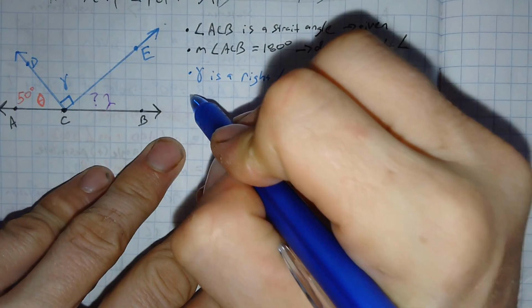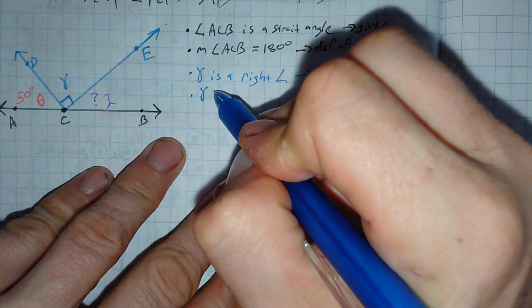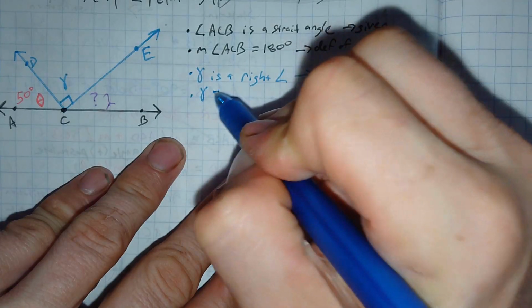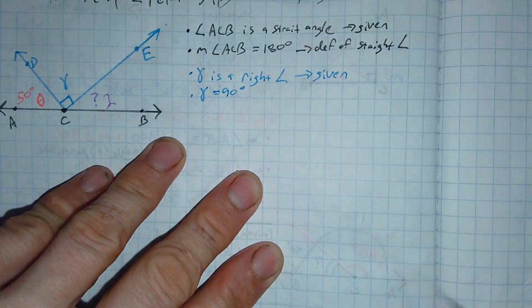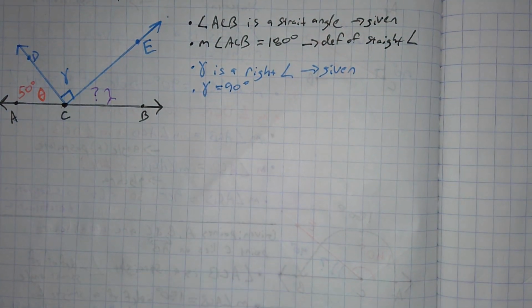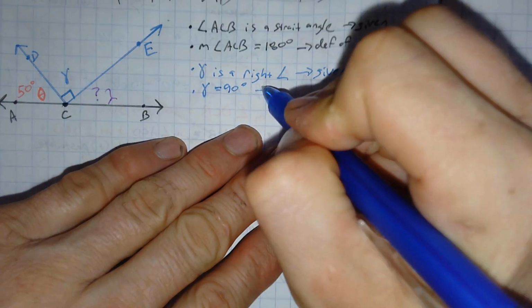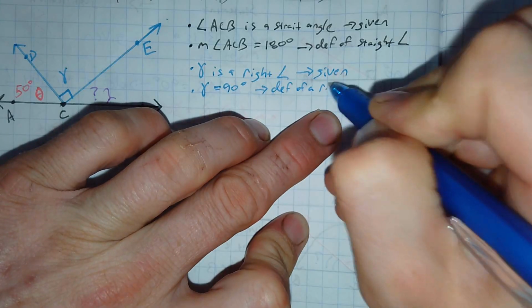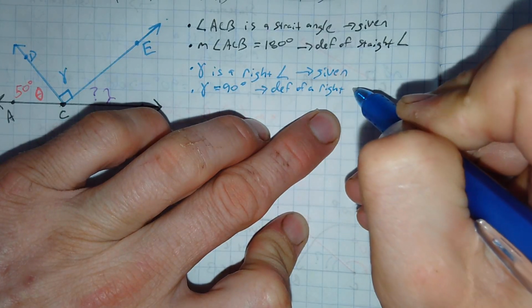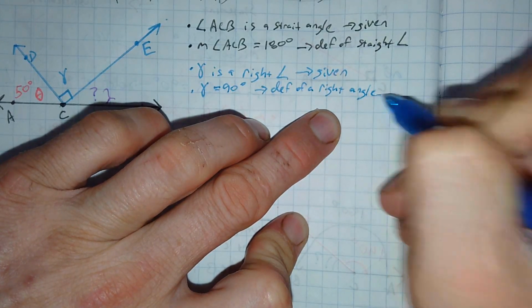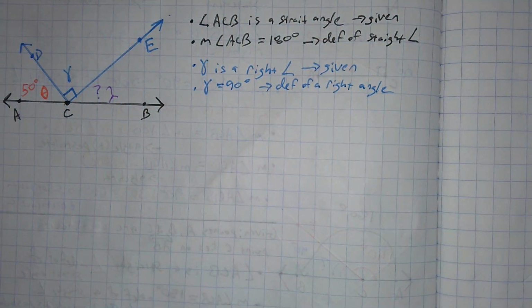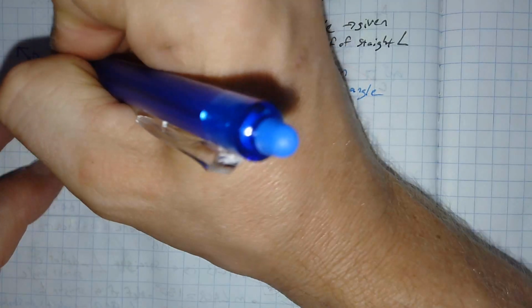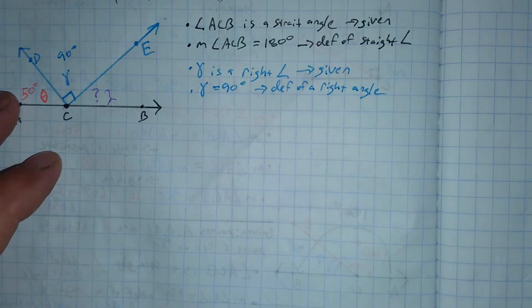And so I can say that the measure of gamma equals 90 degrees, which is pretty cool. A lot easier to write because this is the definition of a right angle. So far I've identified that this equals 90 degrees.